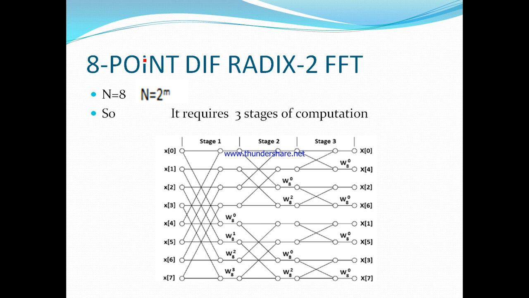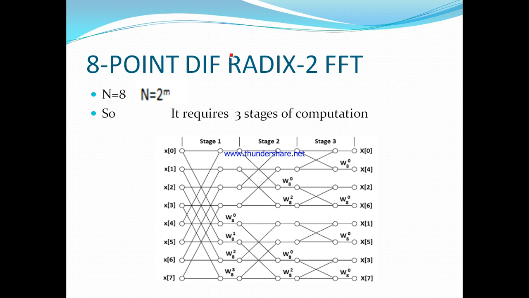For example, we are considering the 8-point DFT using DIF Radix 2 FFT. So N equals 8. This is the standard equation for calculating the number of stages: N equals 2 power m, where 2 is the radix. Now how do we write 8? 8 equals 2 power 3, so we have 3 stages of computation.